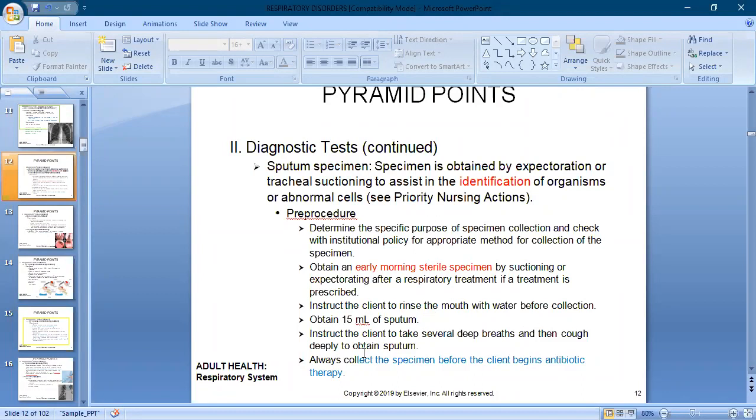And again, one thing here, instruct the client to take a severely deep breath and then cough deep to obtain the specimen. Always collect the specimen before the client begins antibiotic.